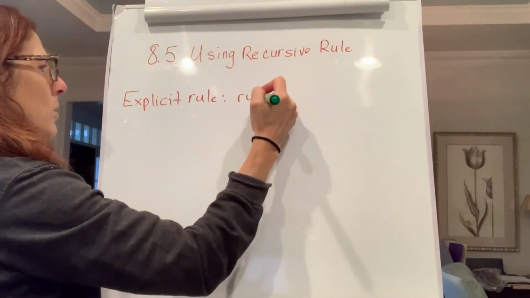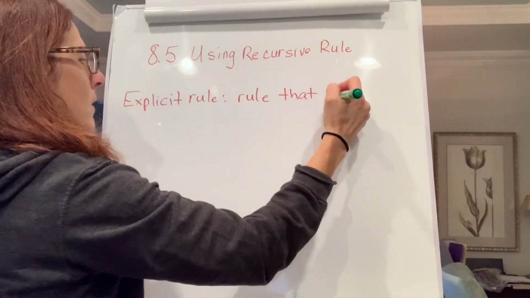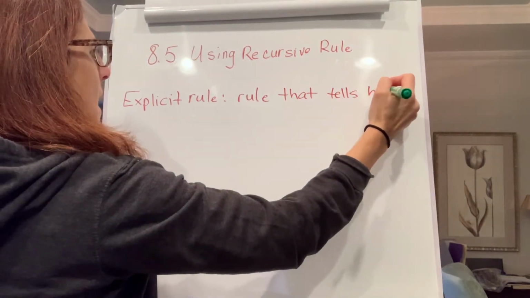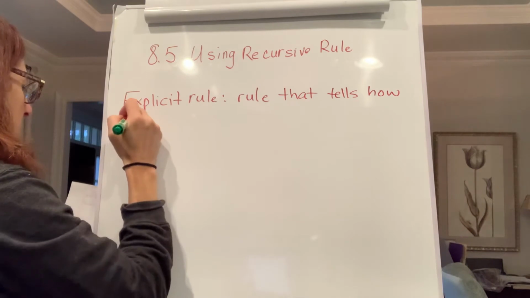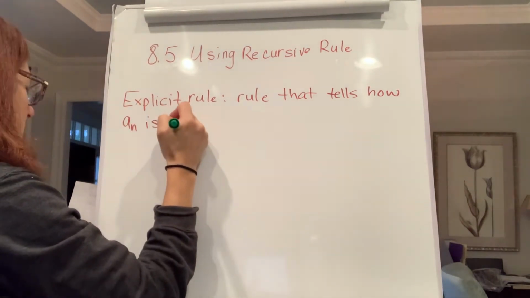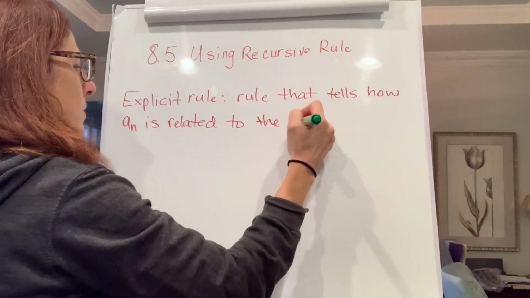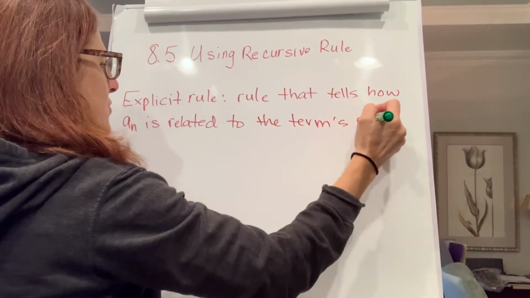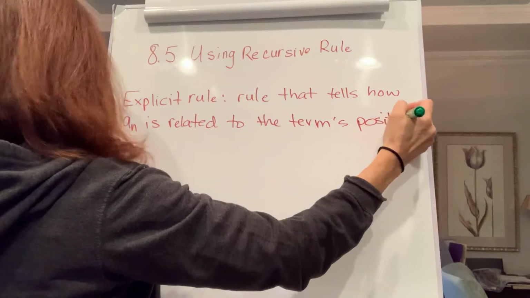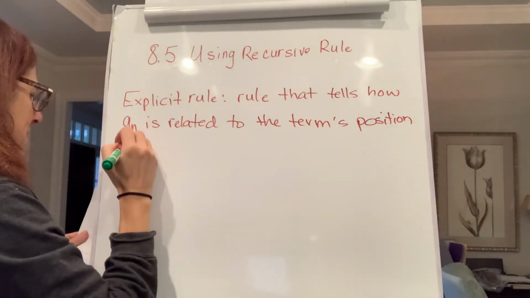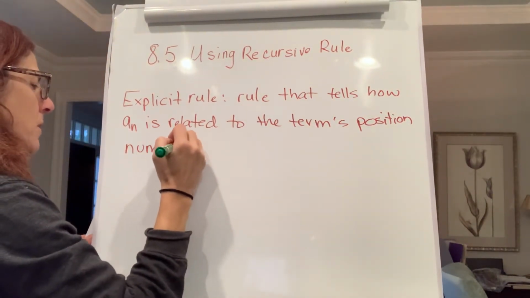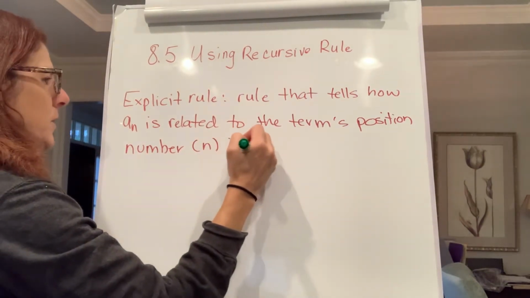That is a rule that tells how a_n is related to the term's position number, which we call n, in the sequence.